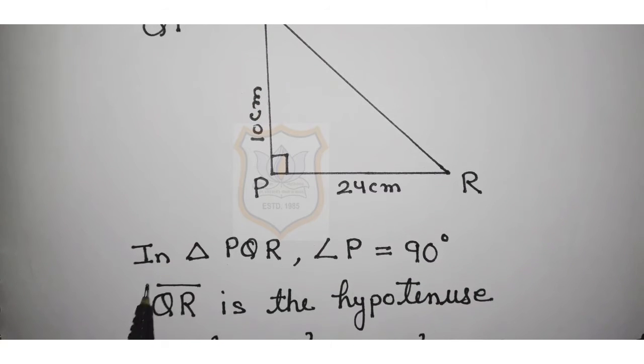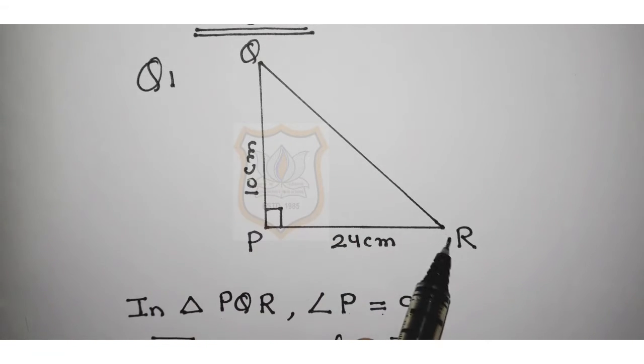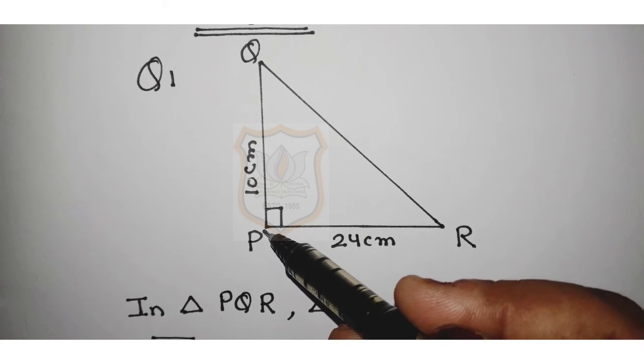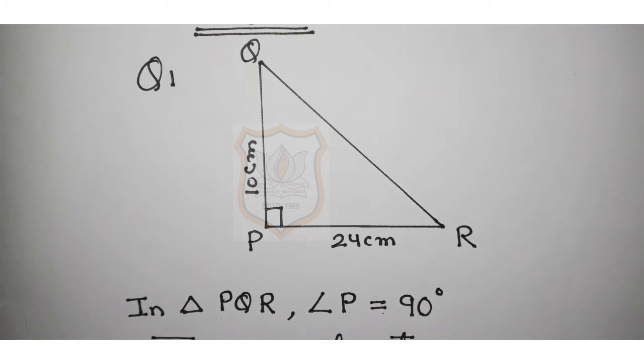QR is a hypotenuse. So, in triangle PQR, angle P is equal to 90 degree, that I have already told you, and QR is the hypotenuse, because as you all know, the side opposite to 90 degree is called the hypotenuse in a right angle triangle.